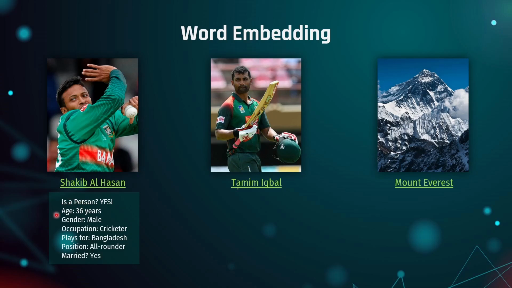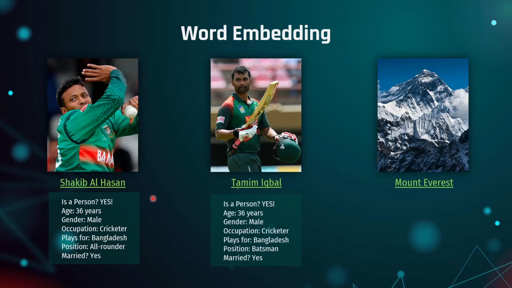Shakib's age, it's 36 years. Shakib is a male, of course. His occupation, cricketer, he plays for Bangladesh national cricket team. He is an all-rounder. Is he married? Yes. Now if I ask you to do the same for Tamim Iqbal, what would be the result?